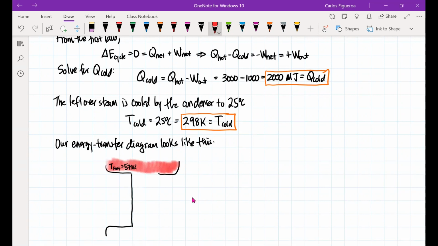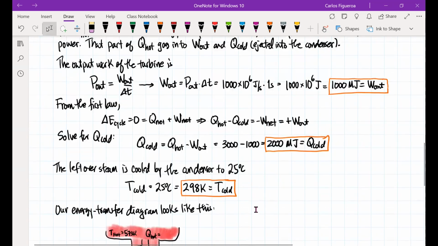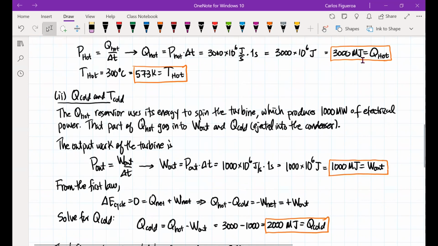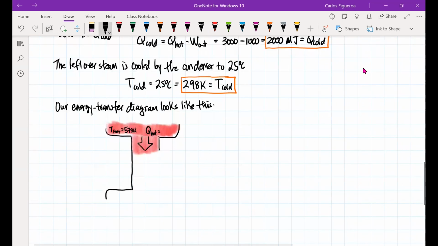Now, how much heat is actually coming from the hot reservoir? The heat coming from the hot reservoir is Q hot. And this Q hot, as we've already set up above, is 3,000 megajoules.